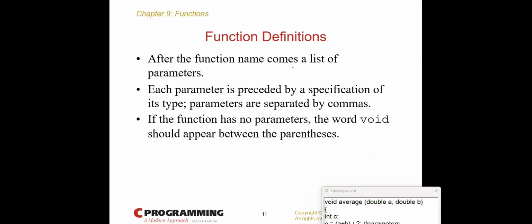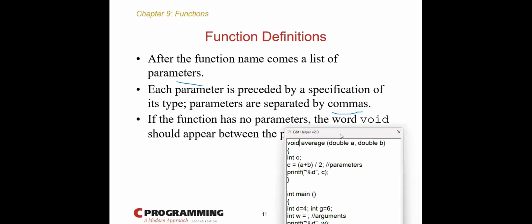After the function name comes a list of parameters. So we talked about this also earlier. Each parameter is preceded by a specification of its type. Parameters are separated by commas. If the function has no parameters, the word void should appear between the parentheses.